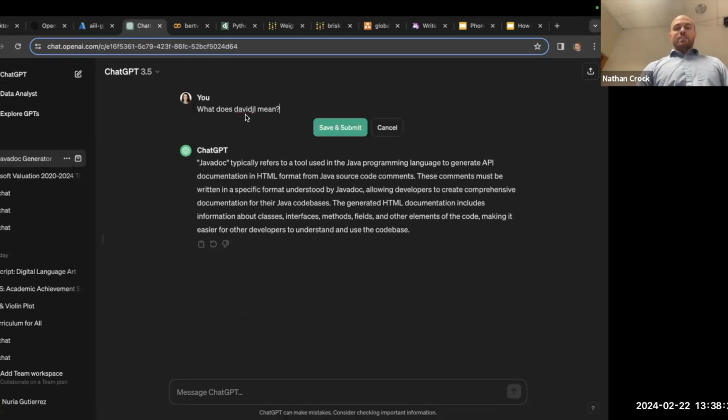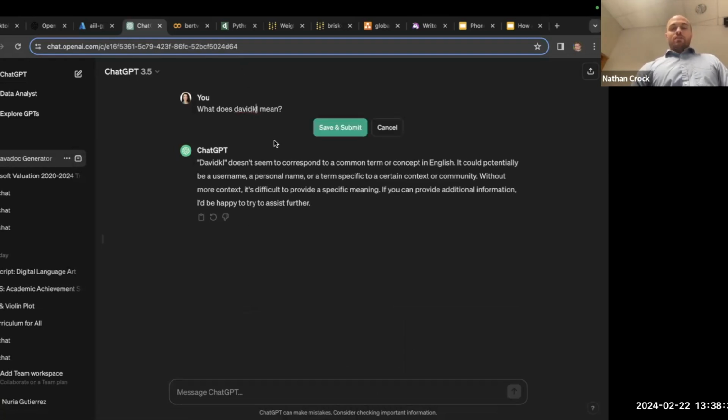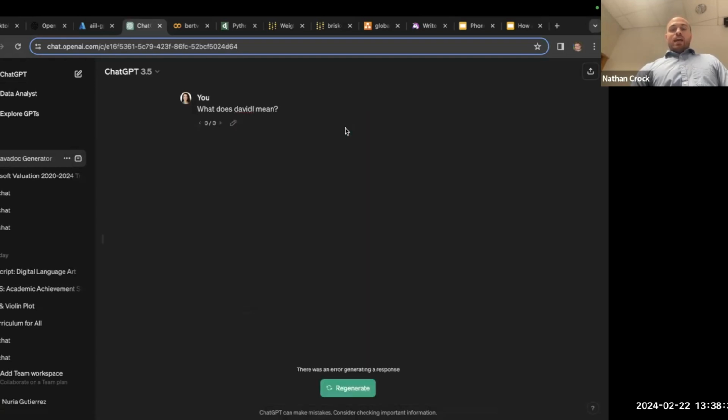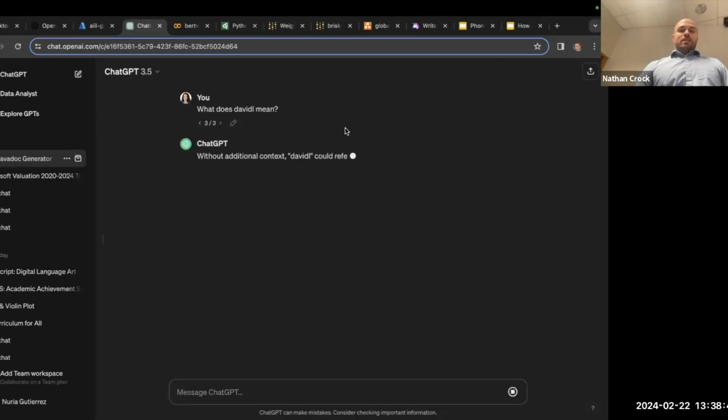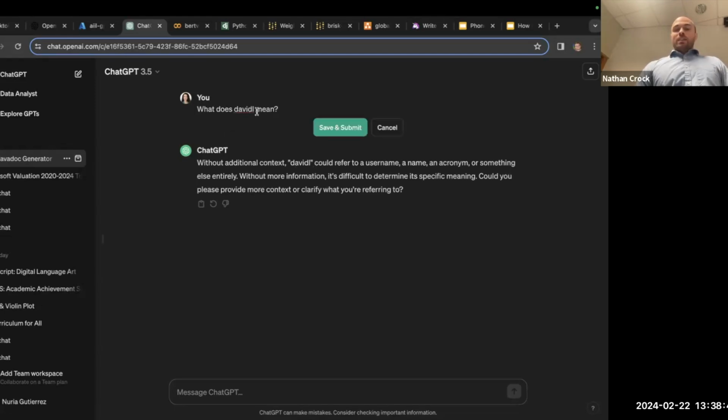I can modify this and maybe make it KL. And as you saw, it accurately decomposes this into the proper tokens, David KL. It knows what that means, right? I can come in here and delete the K, David L. What does David L mean? It says, again, without additional context, David L could refer to anything. But this weird magic, what is called a glitch token, just breaks the model.